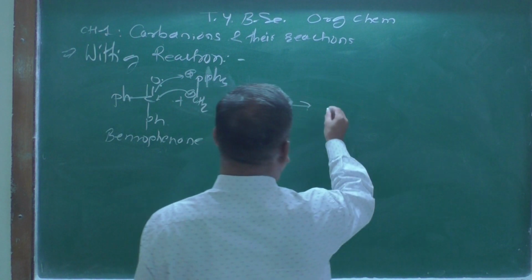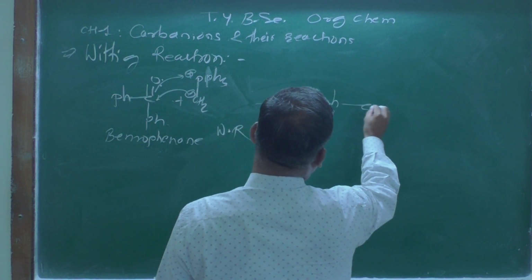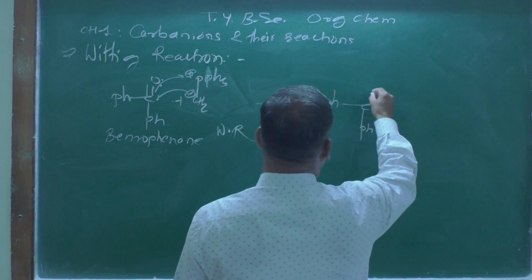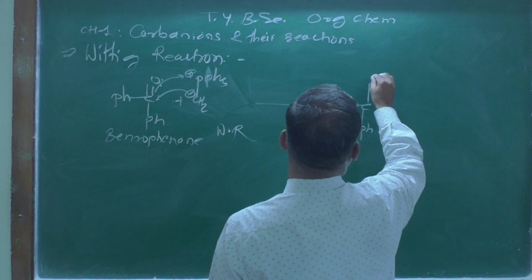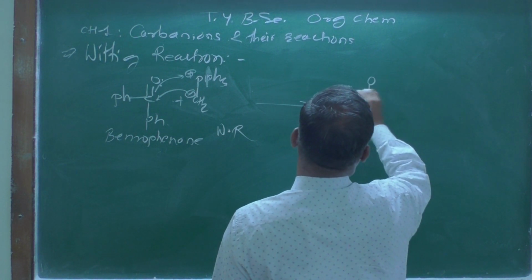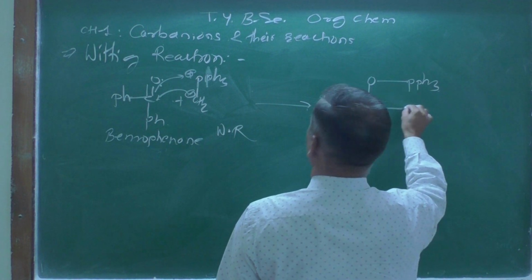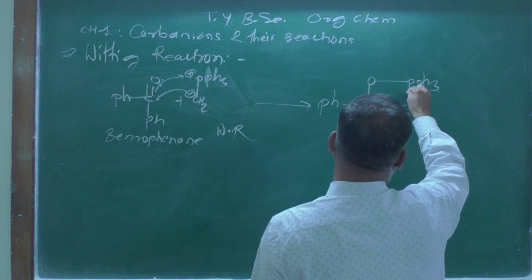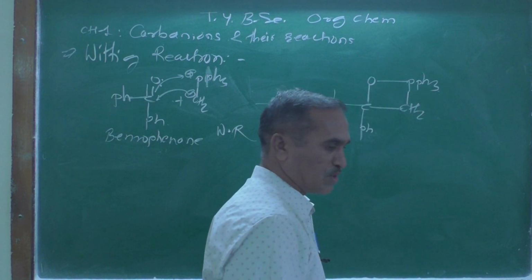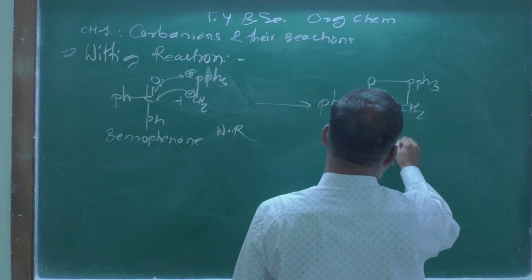on that phosphorus, and we are going to get Ph. Then this Ph as it is, and I am writing over here this oxygen atom with phosphorus PPh3, and this will be with that CH2, and this is called a betaine formation, right? Betaine.